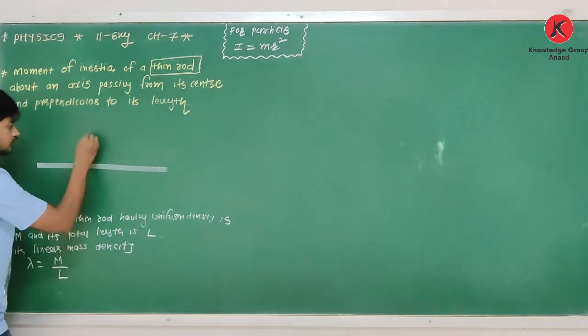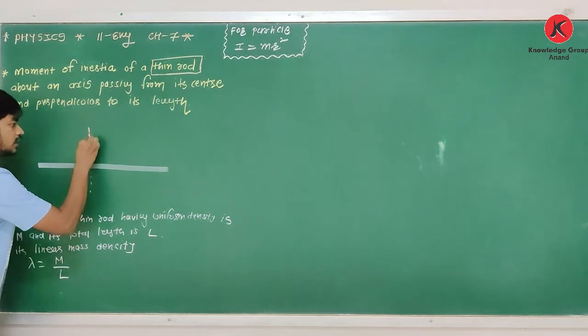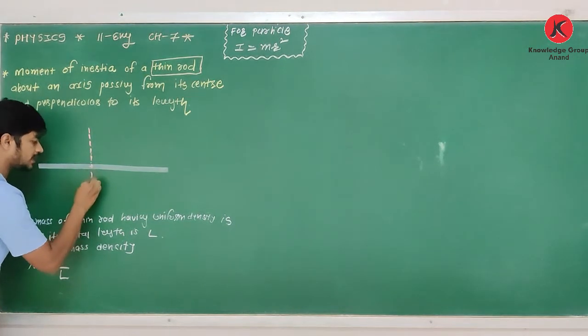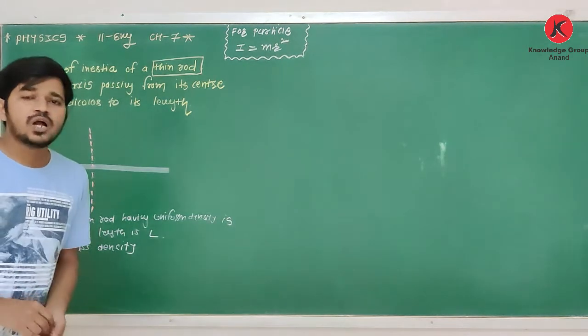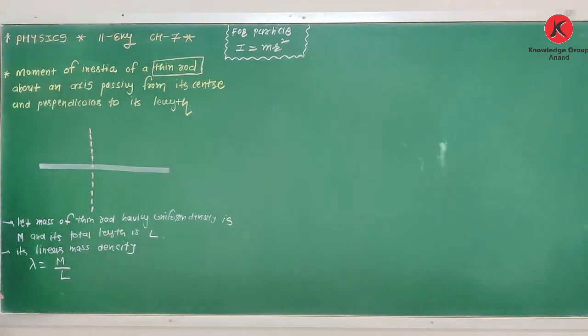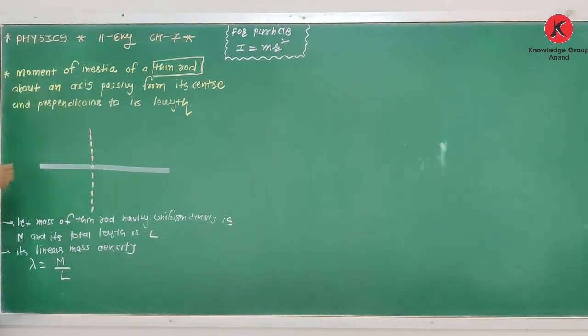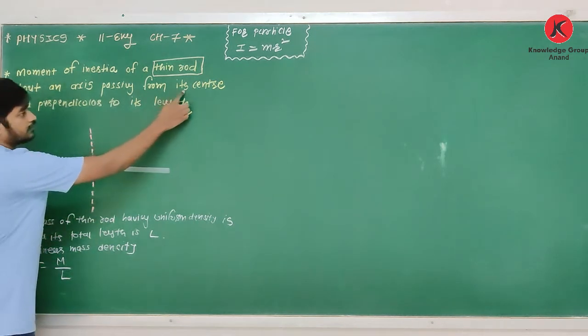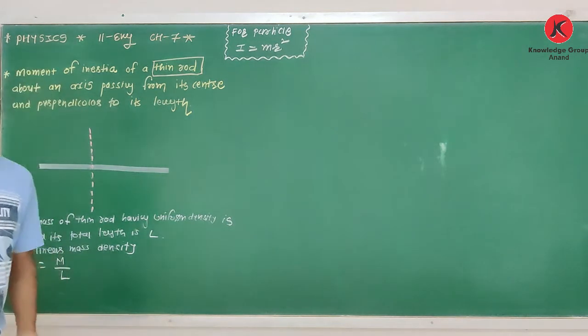Only one axis is perpendicular to its length, so about this axis you have to find its moment of inertia. Clear about this?